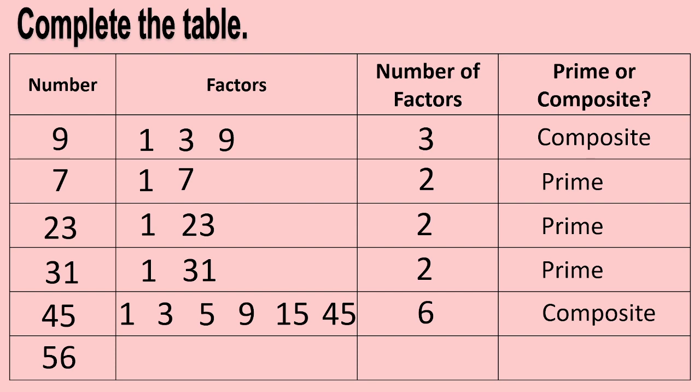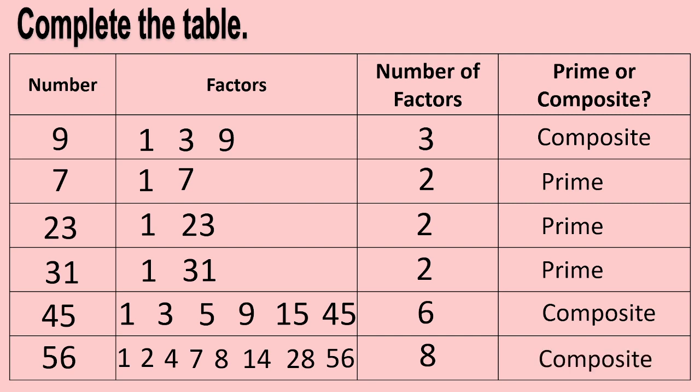The factors of 56, we have 1, 2, 4, 7, 8, 14, 28, and 56. The number of factors, we have 8. Prime or composite? Composite.